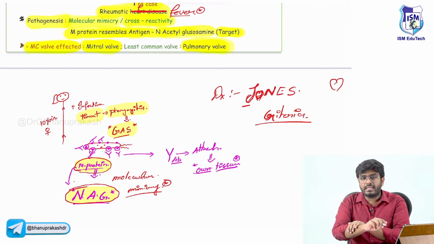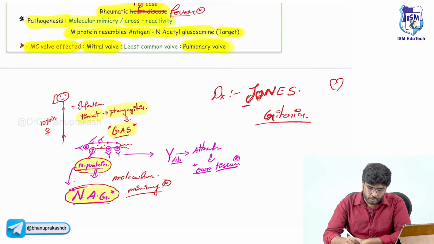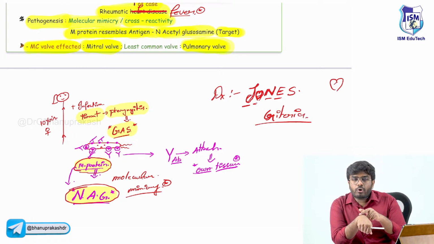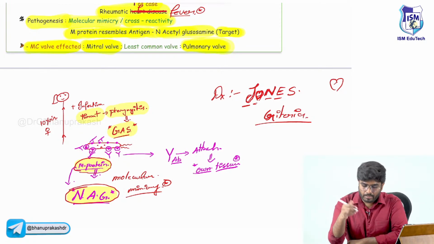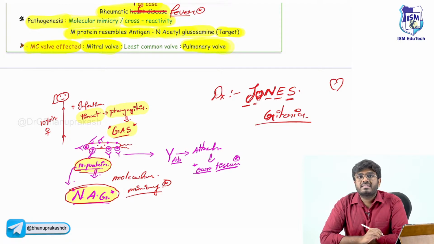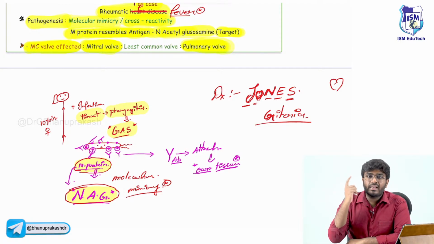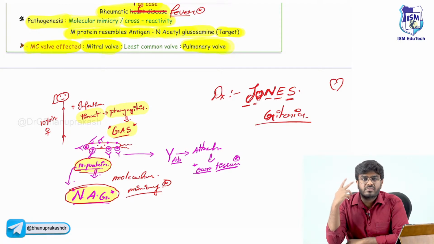Which nodules? Under the skin, you will start to see the subcutaneous nodules. I will show you. And E stands for erythema marginatum. On the skin, you are going to see the rash called erythema marginatum, with erythema especially in the margins. I will show you the image. And S stands for Sydenham's chorea, nervous system involvement. Antibodies will go and attack the basal ganglia region, leading to Sydenham's chorea.